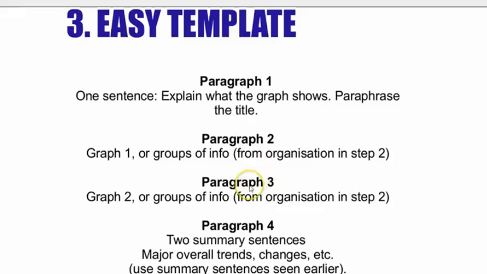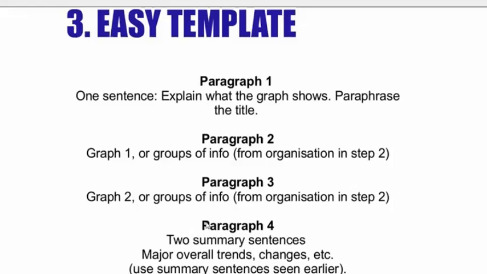Paragraph 3, same, groups of information collected from the organization in step 2. And then paragraph 4 will be 1 or 2 summary sentences showing the major overall trends from the graph.